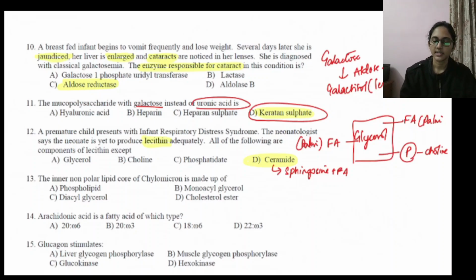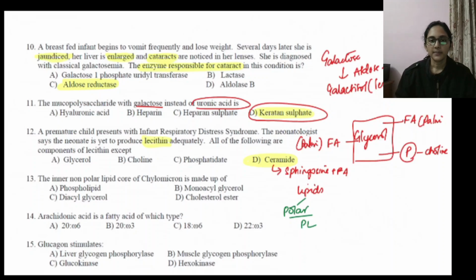All right. Yes. So the next one is the inner non-polar lipid core of chylomicron. So please remember, let me just tell you what are the lipids which are polar. Lipids which are polar, all that which has the polar group or the OH group, alcohol group in them. What are they?